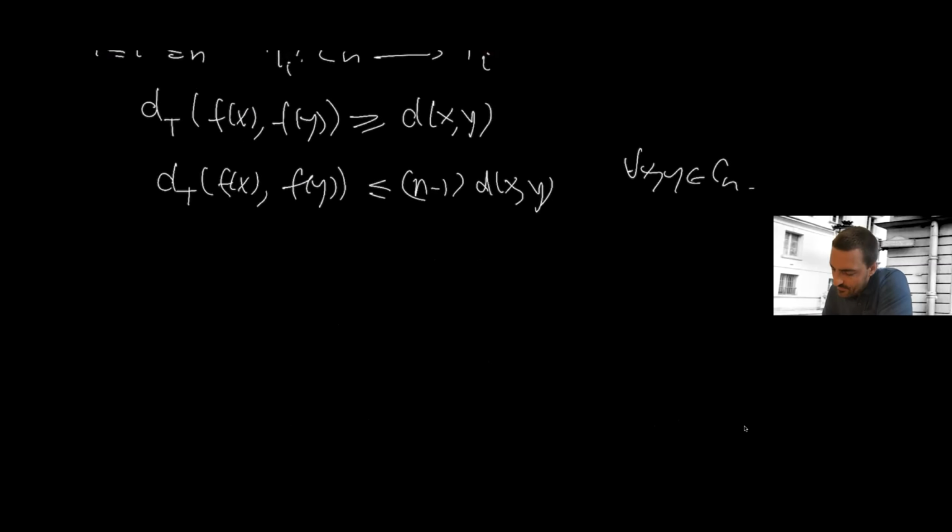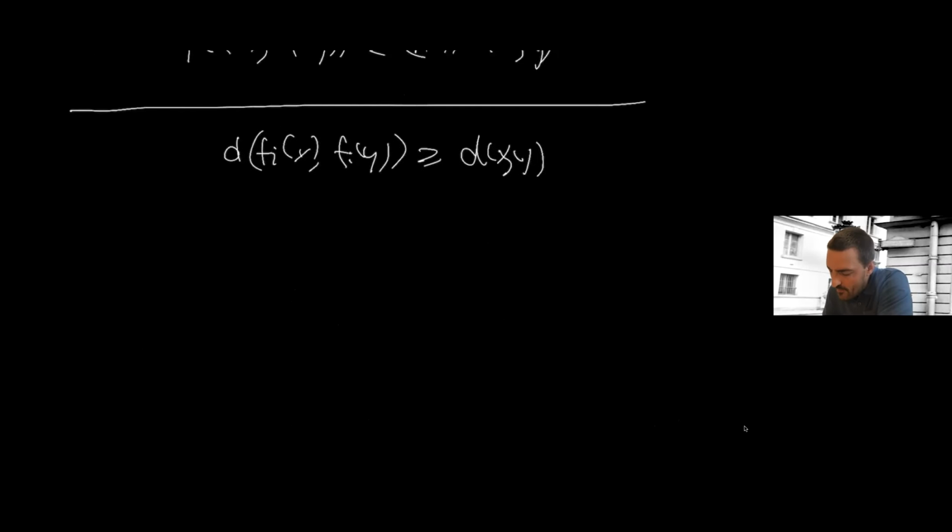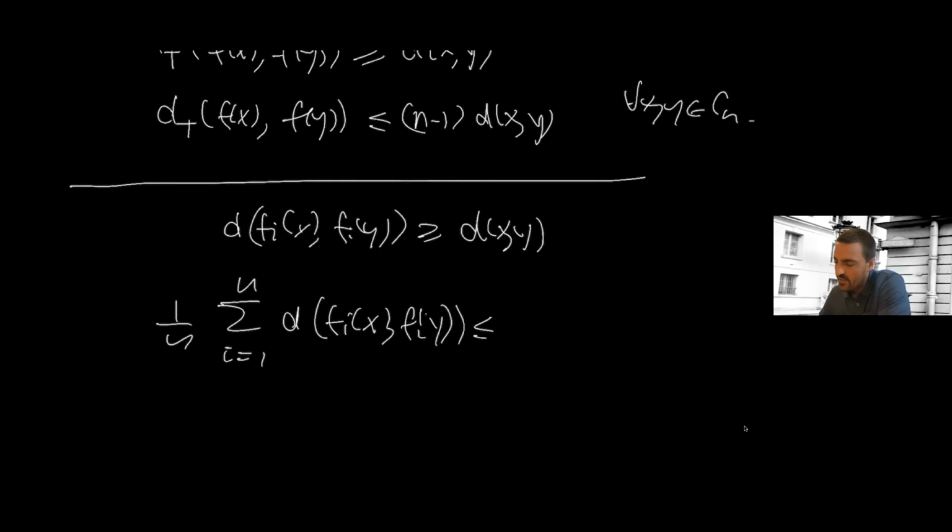When you look at the distance between x and y, this is obviously non-contracting, but then let's look on average at what the distance is.